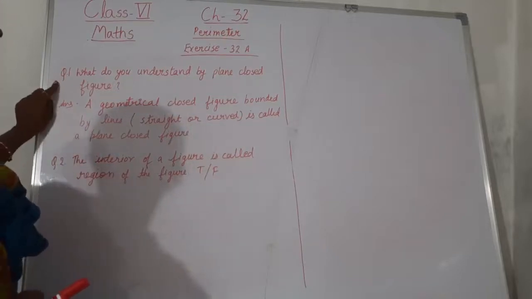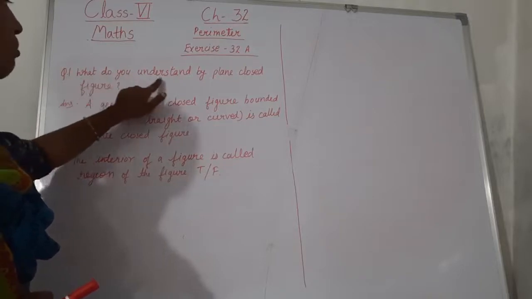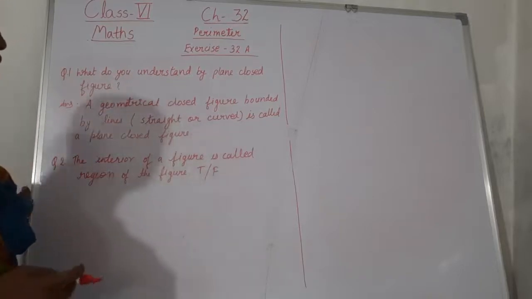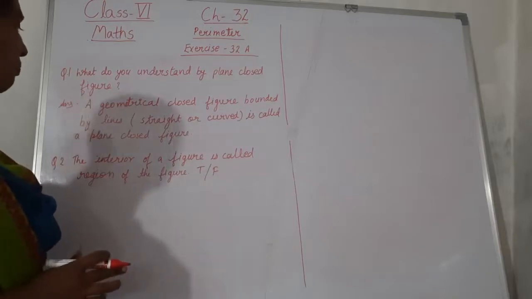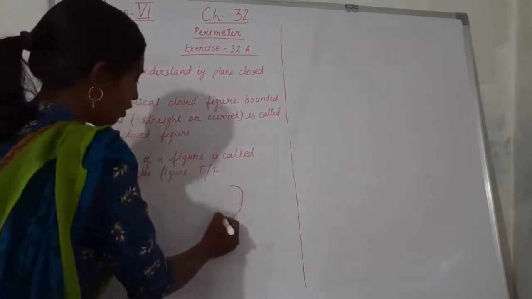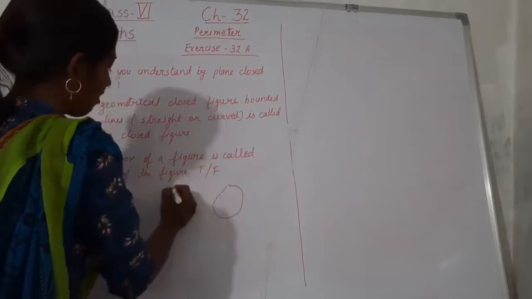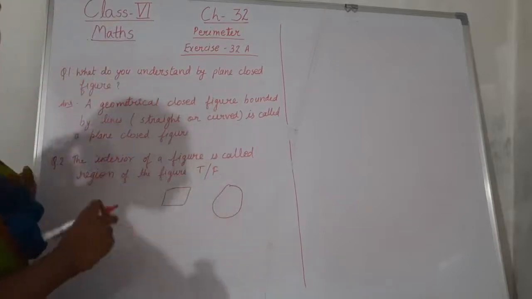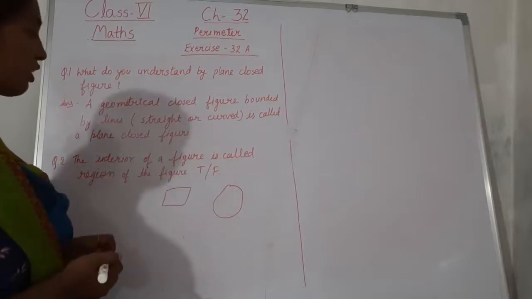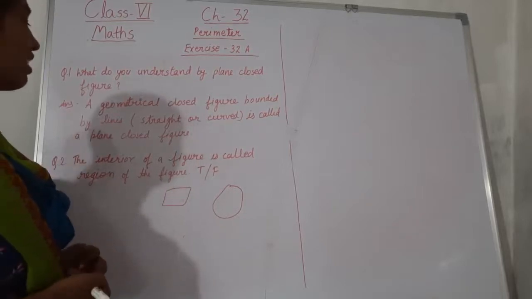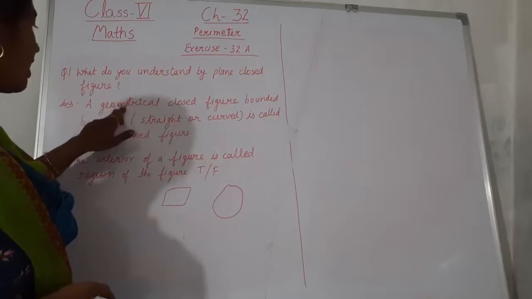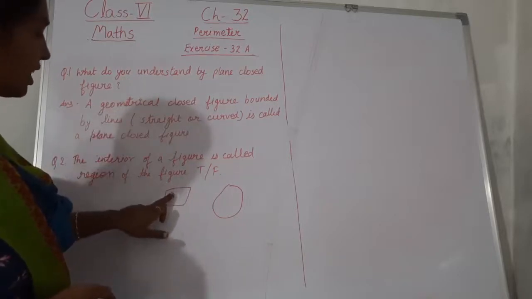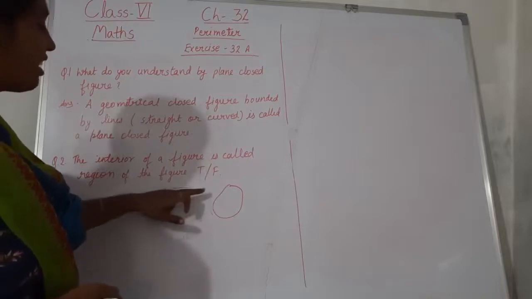Question number 1 given in your book is, what do you understand by plain closed figure? In the previous video I already explained what a plain closed figure is. Like this kind of figure, which is closed, all the boundaries are closed, that is a closed figure. So how can we define this in a sentence? A geometrical closed figure, it is a geometrical figure means there is some line, there is some length.